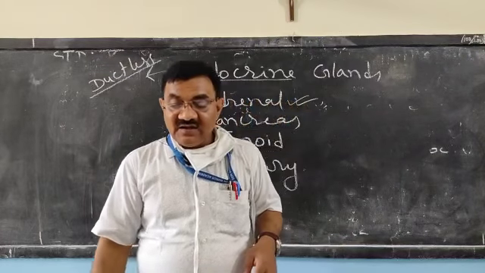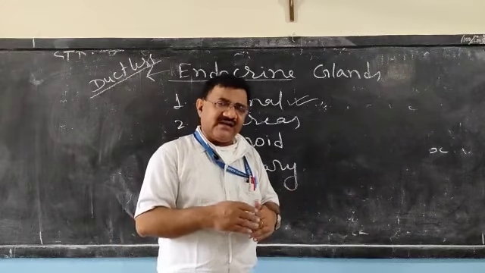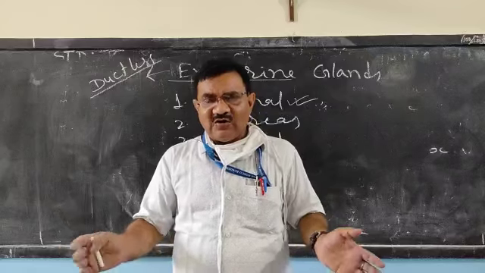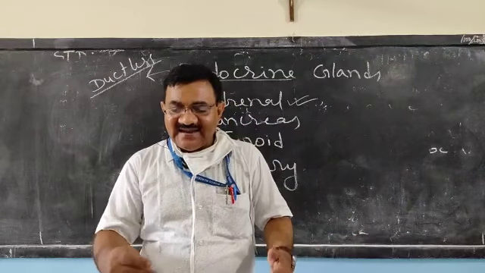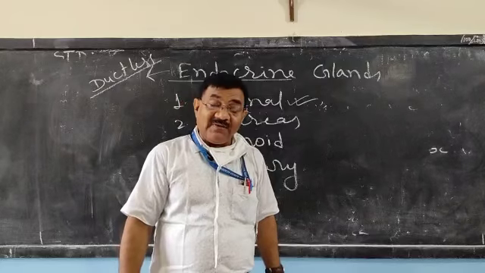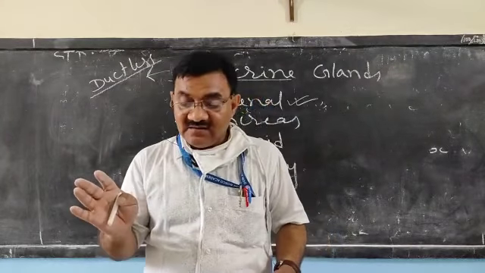Next disease, cretinism, is a disease of children in which growth does not take place properly and mental retardation occurs. Myxoedema is a disease of adults.